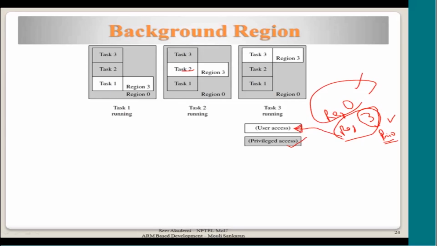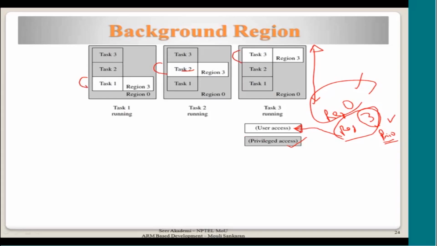That is given to a user process, and it is given with a purpose. Now, since the regions are restricted to only this much area, and region 0 has the total area under its purview, it has an advantage.